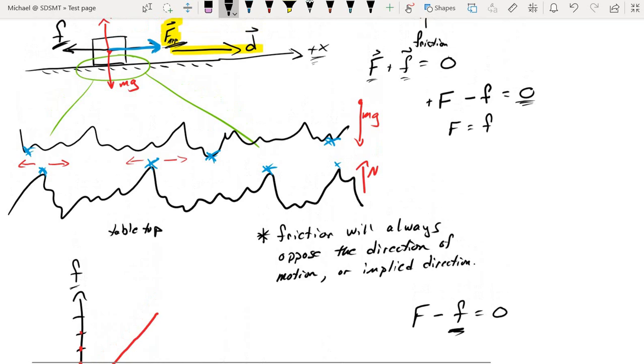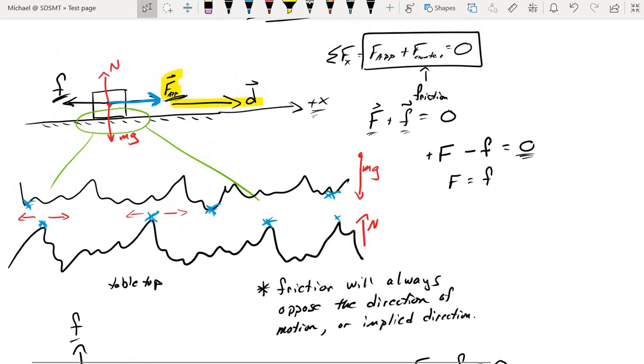But then there's going to come a point where we have applied so much force that the friction force that's holding our mass immobile can't take it anymore.